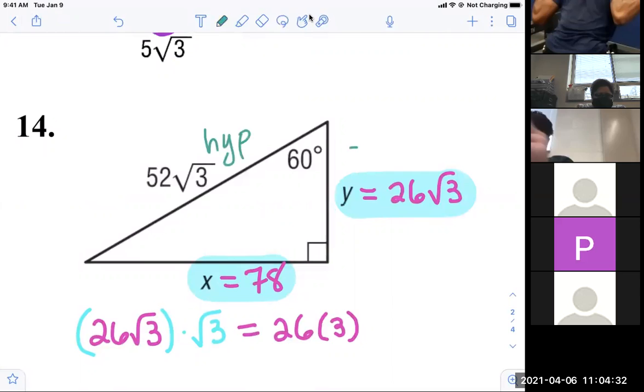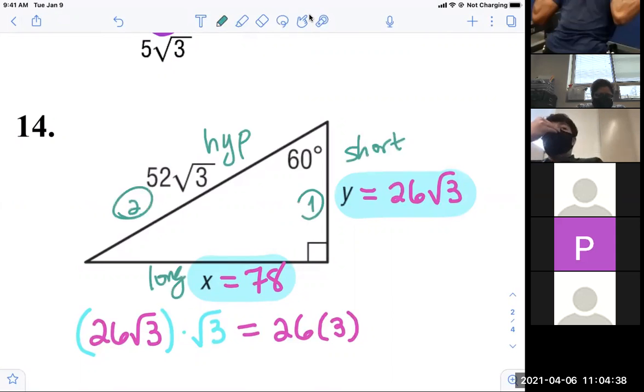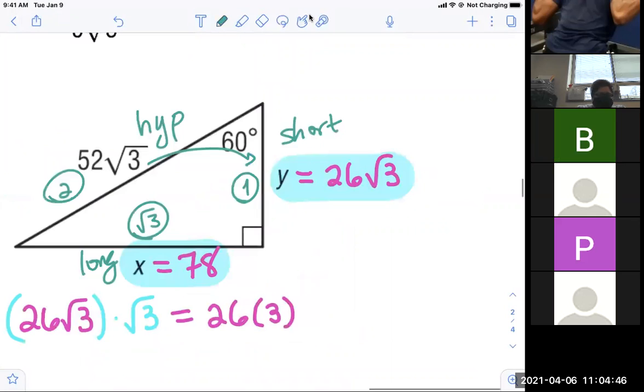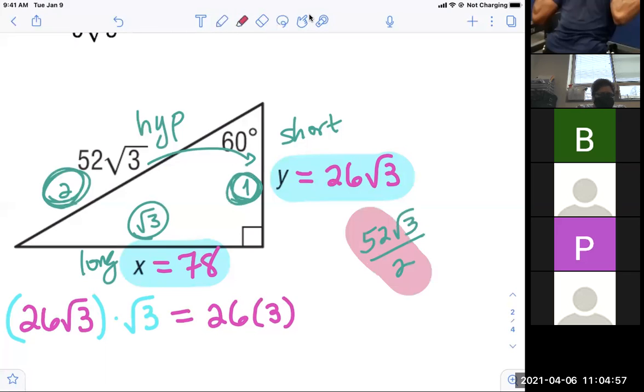This would be your short leg, and this is your long leg. So that means this is the 2, this is the 1, and this is the root 3. When I'm going from the hypotenuse to the short leg, and you always go to the short leg first, no matter what you're given, since this is a 2-to-1 ratio, that means we're dividing by 2. So if I do 52 root 3 divided by 2, then you can just divide the 52 by 2.